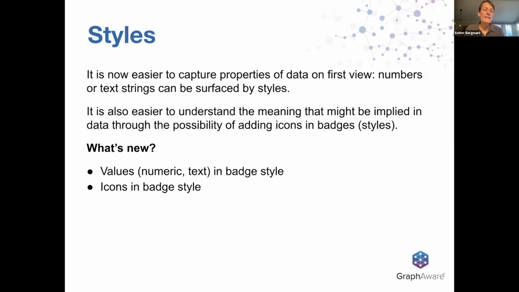It's also easier to understand the meaning that might be implied in data through adding icons in a badge. So you can get a much better impression about what this node or the properties in this node are actually about. So what are the features that we added? The possibility to add values, numeric or text, in the badge, and icons in the badge as well.